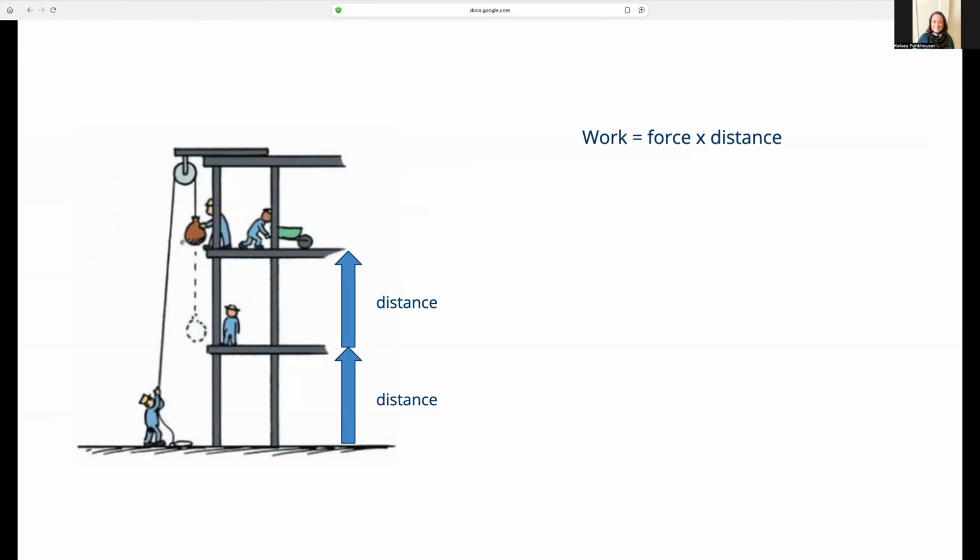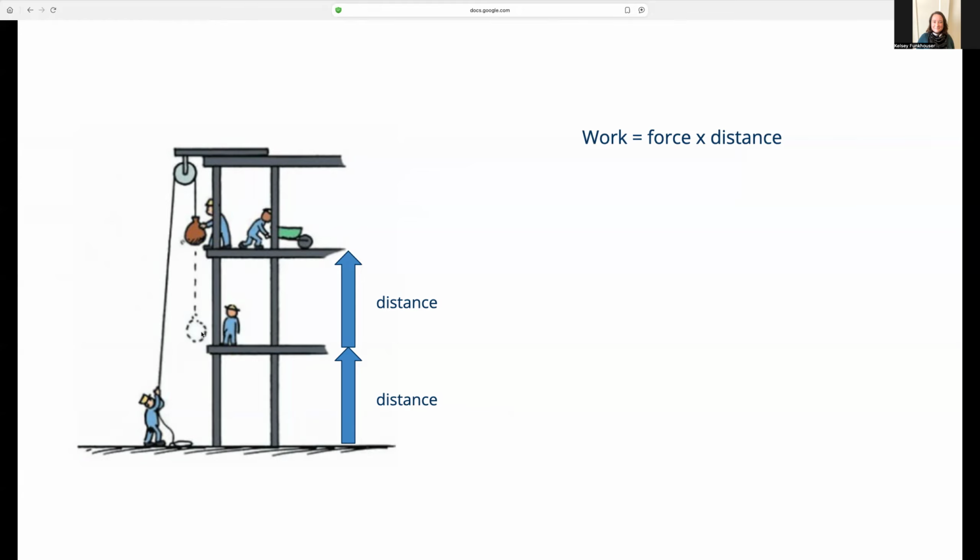So let's take a look at a situation. We have workers lifting gravel using a pulley. That's what's happening here. They're applying a force over a distance. So force is whatever the weight of the gravel is, right? And then the distance is just however far up they're pulling it.